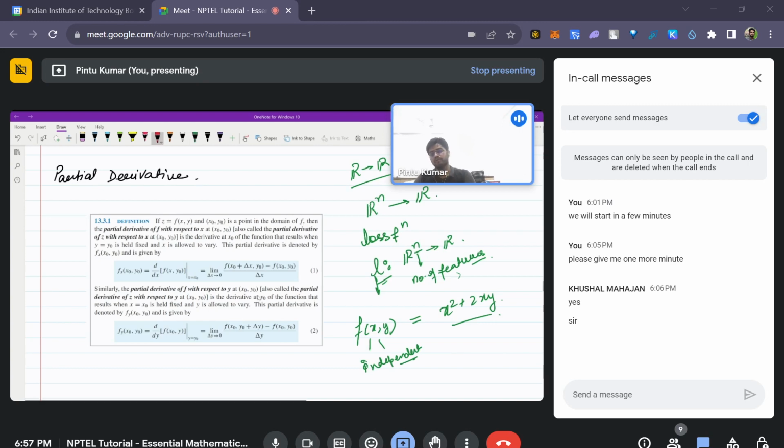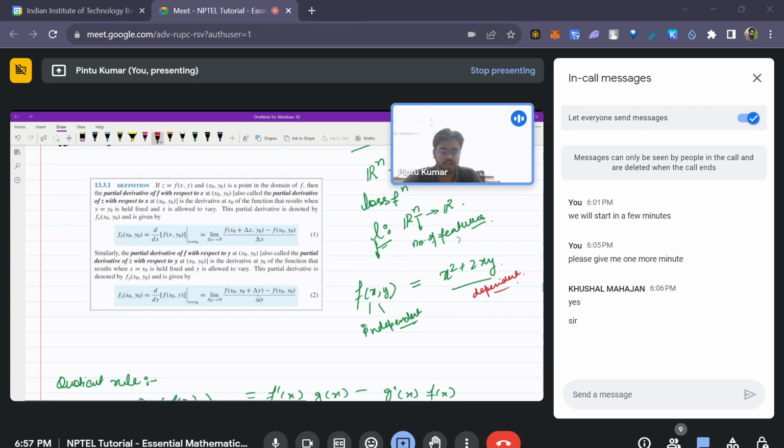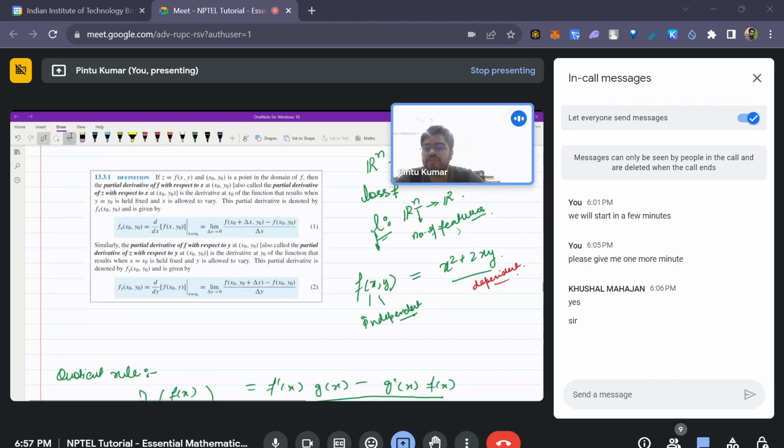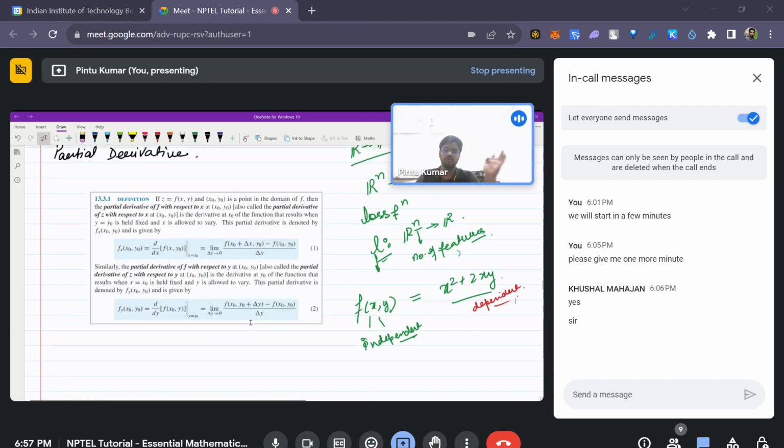And you have this dependent expression. So there is a possibility that you can take derivative with respect to any of your independent variable, right? So what you can do is you can find derivative of f with respect to x, as well as you can find derivative of f with respect to y.